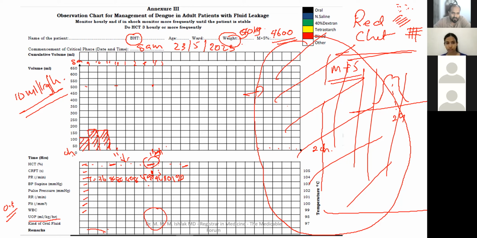So how do you mark? Do you color the whole thing? That will be misleading, because see here, one column, one column, one column. Just imagine for 1 hour, there will be 4 columns. So you mark it instead like this. You have given say 500 over 1 hour, just one column. So you know that the patient has been in shock, that they've used 4 boxes in 1 hour.